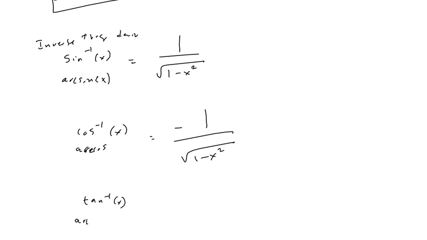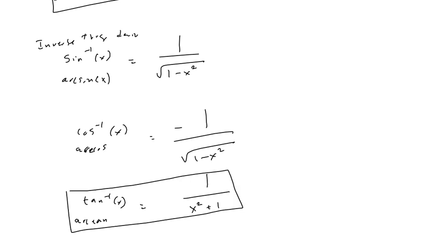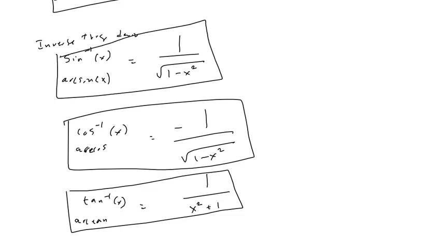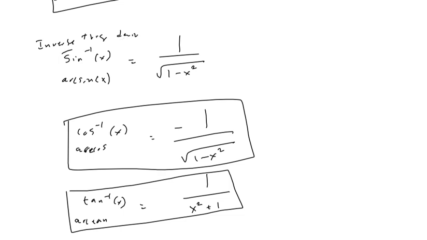That one is 1 over 1 plus x squared. So these three inverse trig derivatives: cosine is negative 1 over radical 1 minus x squared, sine is positive 1 over radical 1 minus x squared, and the tangent is 1 over 1 plus x squared.